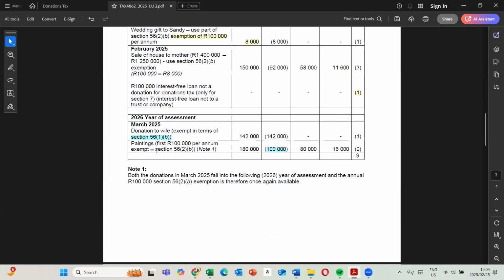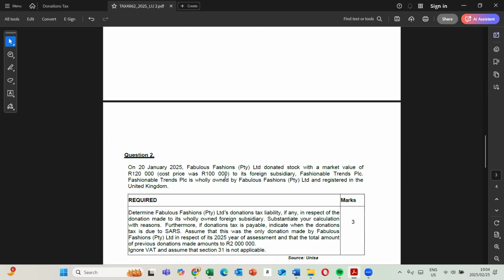In this case, the donation of the painting of 180 less 100,000, then donations tax at 20% will be theirs. Any questions, guys? Questions, guys?